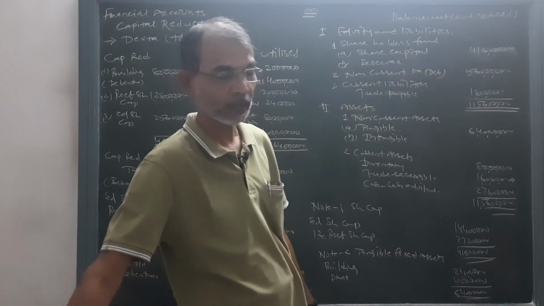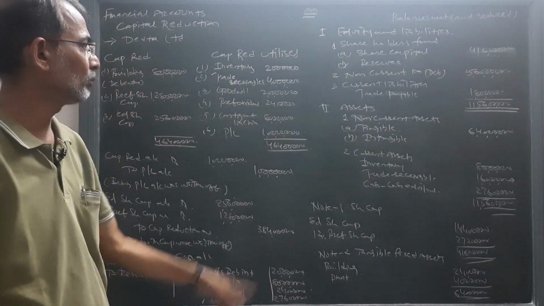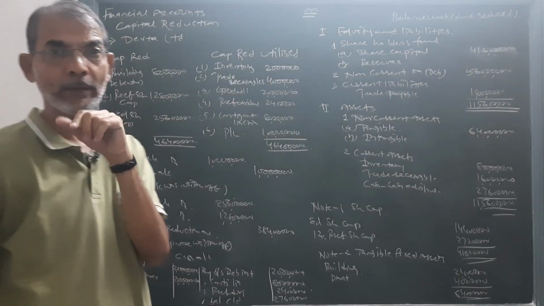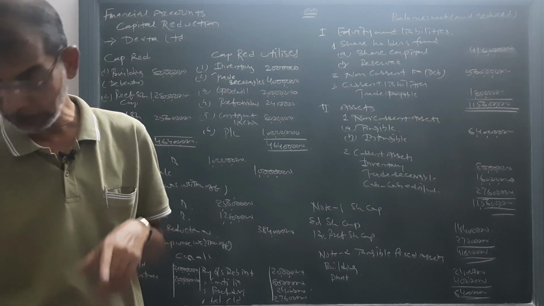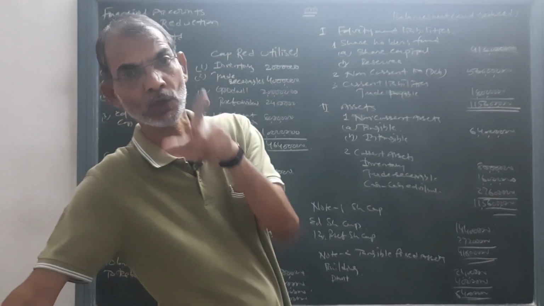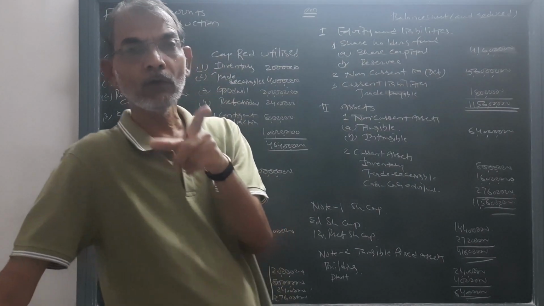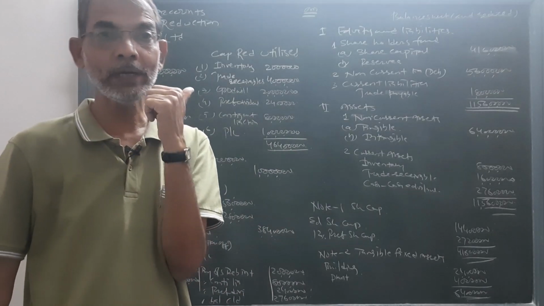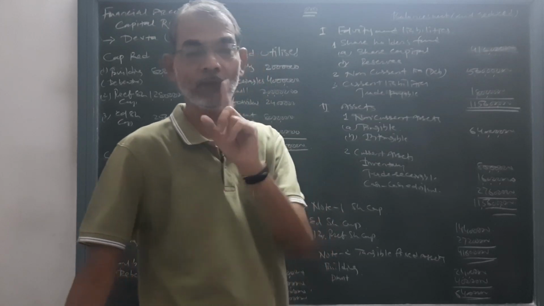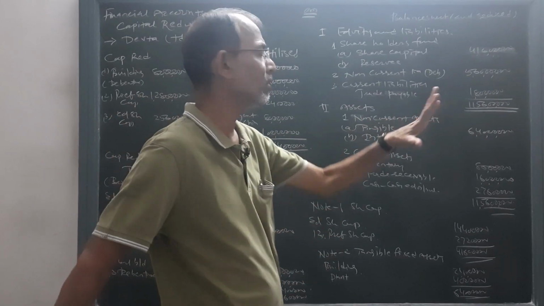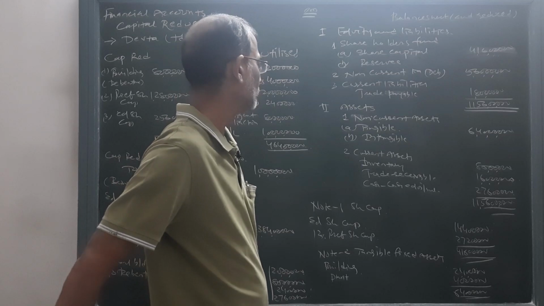Then after debentures, old debentures were of 6 crore, out of which debentures of 2 crore 40 lakh were settled. They provided 2 crore additional, so the balance figure will be 5 crore 60 lakh. Nothing was done to trade payables.